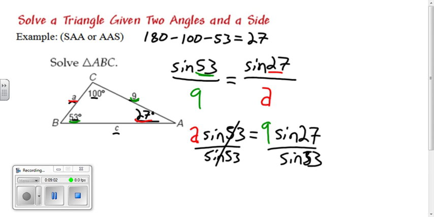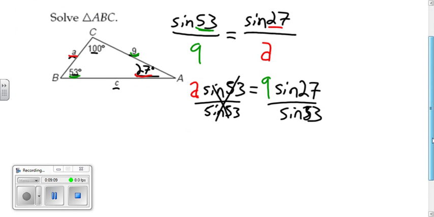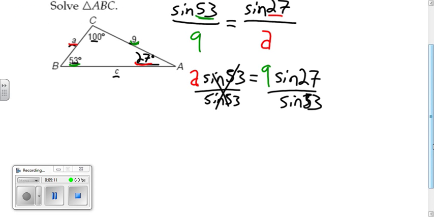We're left with a equals 9 times the sine of 27 all over sine of 53. I'll give you a second to work that out on your calculator, but on mine, a is approximately 5.1 units. It doesn't mention how long each is, so we can just say units.